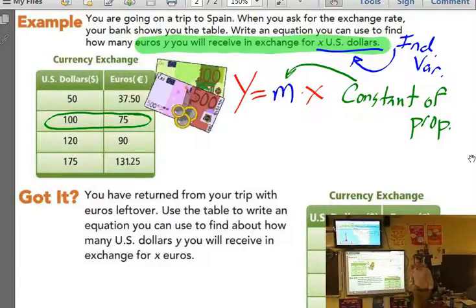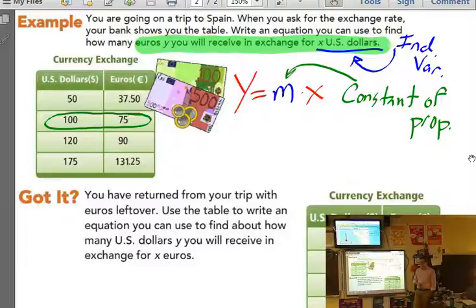So $100, that's a whole number, it's 100%. And euros, 75 divided by 100 is 0.75, because you want to know for every $1 how many euros you get. So for every $1, it's 75 cents of euros.